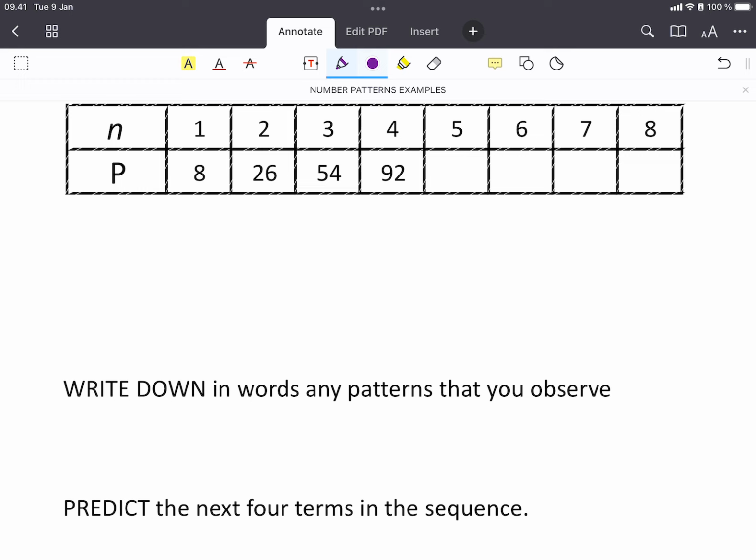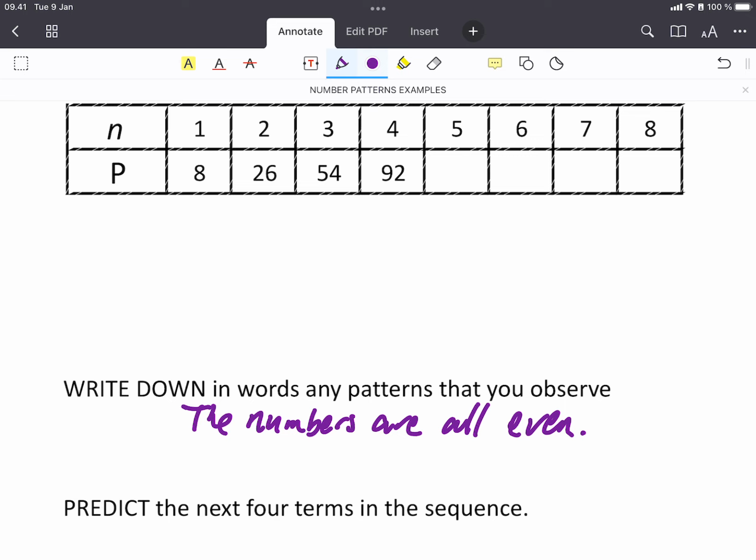So write down in words any patterns that you observe. That could just be the numbers are all even in that case, and it can be something as simple as that gets you the mark. So let's have a look at what's going on here. It's not a geometric sequence or an arithmetic sequence, but let's just look at the differences.